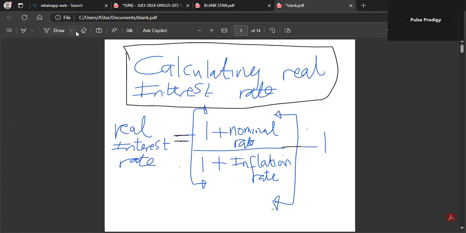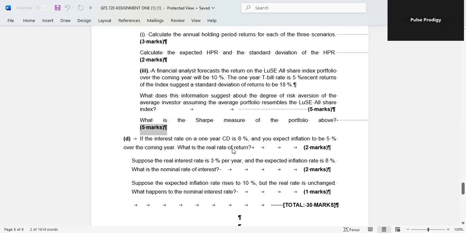So that is how you calculate the real interest rate. Now, in the question, the nominal rate is 8%, inflation rate is 5%. So we can now solve this one.